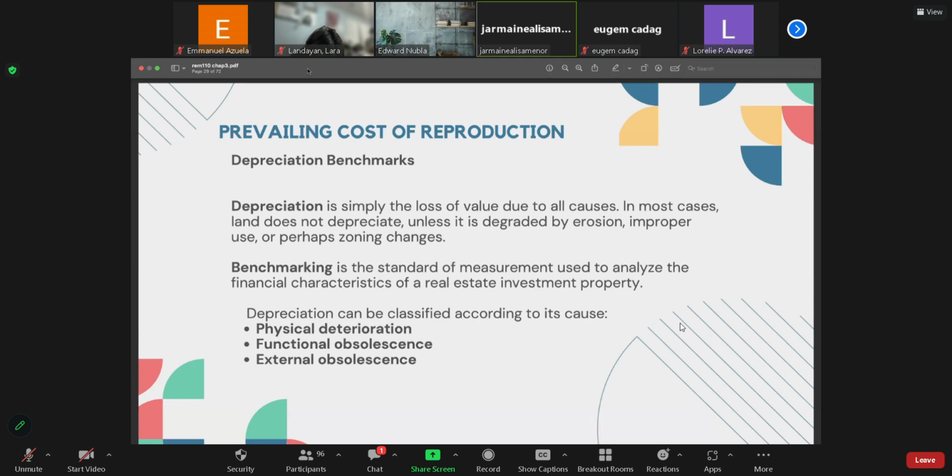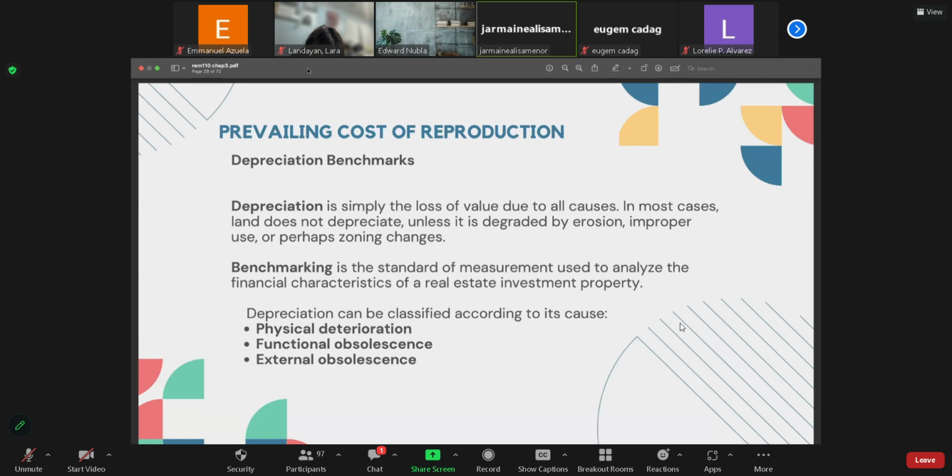Depreciation can be classified according to its cause. Physical deterioration is the depreciation of structures due to wear and tear. It is normal depreciation of an asset from ongoing usage even when it's properly maintained.